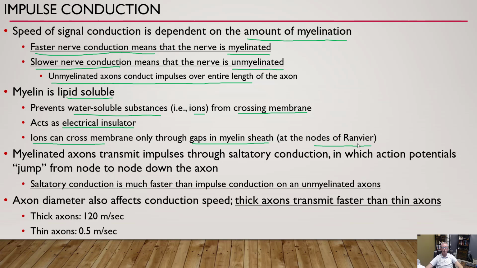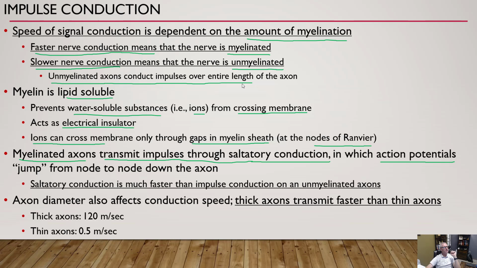Remember, those gaps are called nodes of Ranvier. Myelinated axons transmit those impulses through this process called saltatory conduction. So those action potentials don't travel down that whole length of the axon.